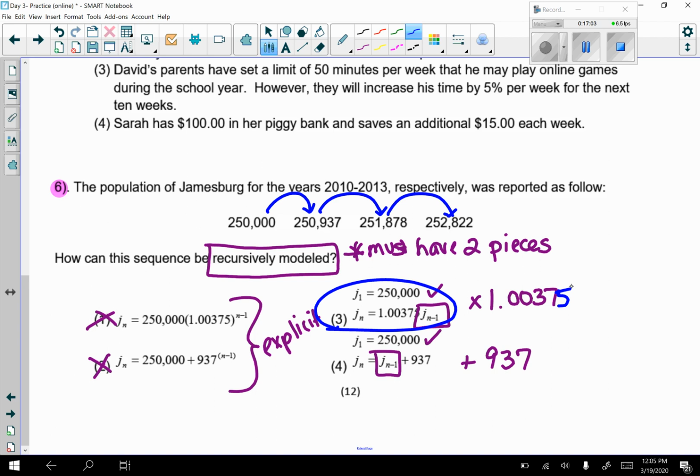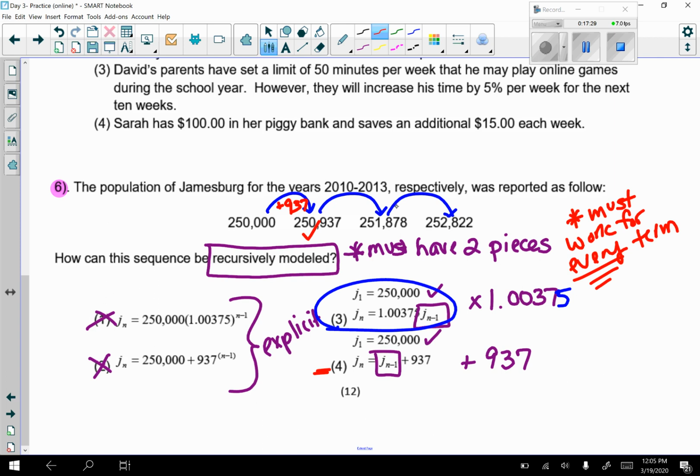Now, what's important here, and I want you to make note of this, it must work for every term. And that's super important because I want to look at actually the wrong answer first. This says I'm taking the previous term and I'm adding 937, which is true between the first two terms.